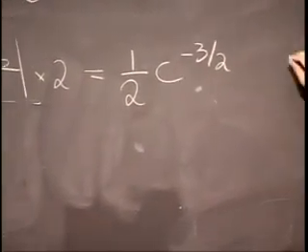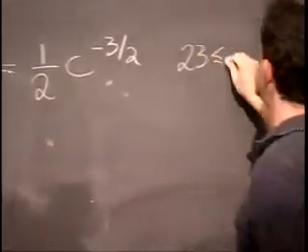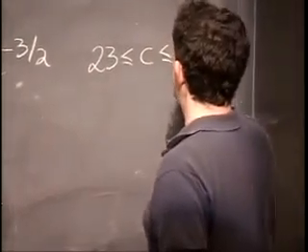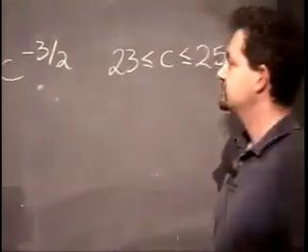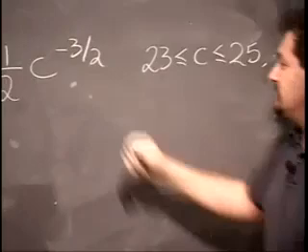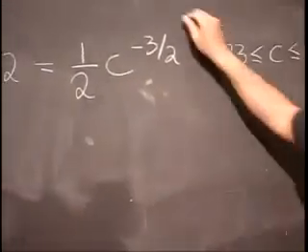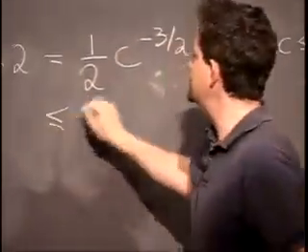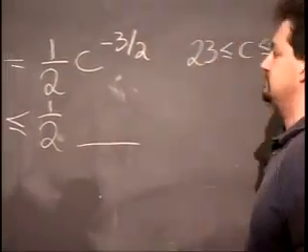And all we know about c is that it's between 23 and 25. Okay, I need to get rid of c. I need to work out how big could this possibly be.